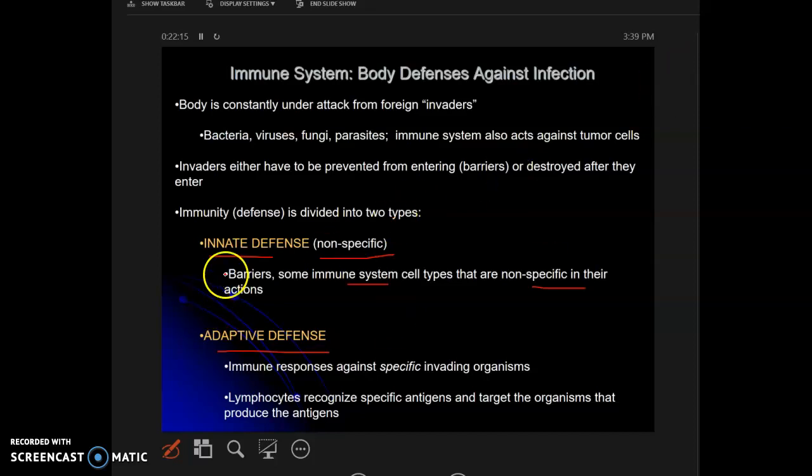All right, so know the difference between innate, which is non-specific, that you're born with, and adaptive, that you develop through your lifetime. And these are specific against invading organisms. So there's a specific T cell to fight a particular bacteria. That's a good example. All right. And the lymphocytes will recognize these specific antigens. We'll talk about that in the next slide.